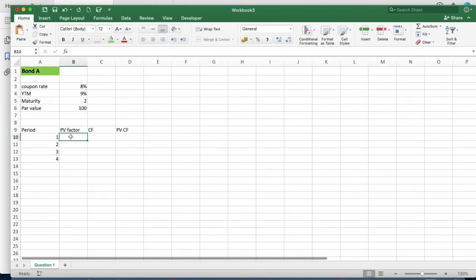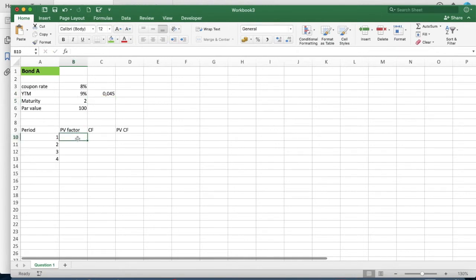Now the present value factor, as all of you know, is equal to 1 divided by 1 plus discount rate power the number of periods, right? And the discount rate here is the yield to maturity, but you have to pay attention. This one is the annual yield to maturity, so it has to be converted to semi-annual. So it will be equal to 9% divided by 2. So this is the semi-annual yield to maturity.